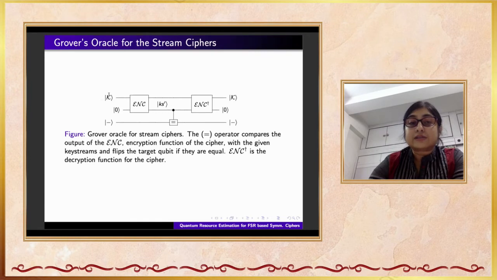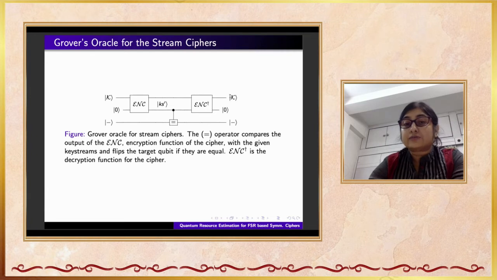Here we start with an equal superposition of all possible keys. Then we use the encryption function, and this is our targeted key stream. This equal operator compares the output of ENC, the encryption function of the cipher, with the given key stream ks dash, and flips the target qubit if they are equal. ENC dagger is the decryption function.